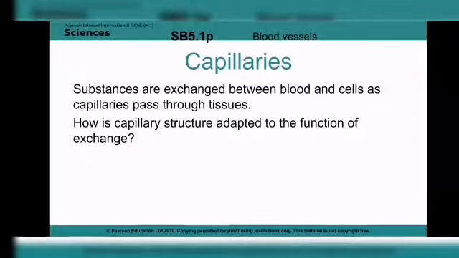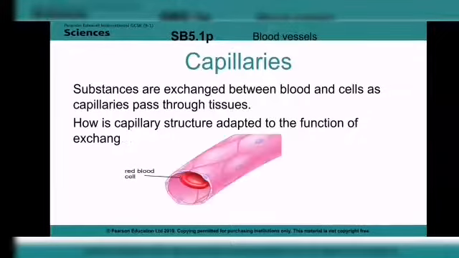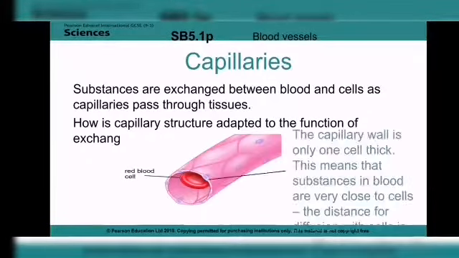We said every organ is adapted to its function, and capillaries are also adapted to their function. The capillary wall is only one cell thick, so this makes diffusion faster. This means that substances in the blood are very close to the cell, so the distance for diffusion is very short.